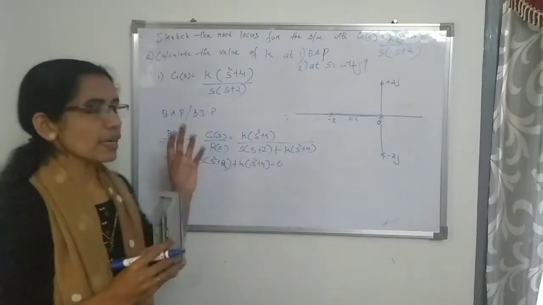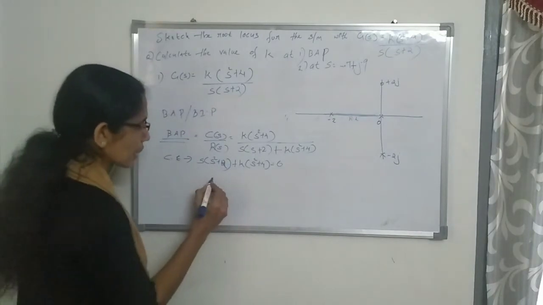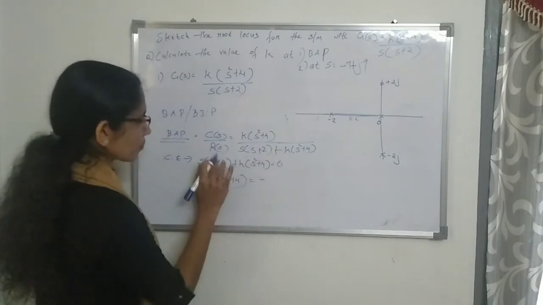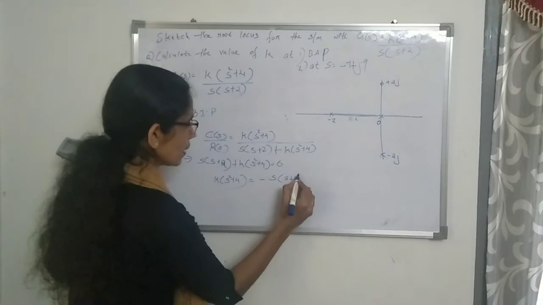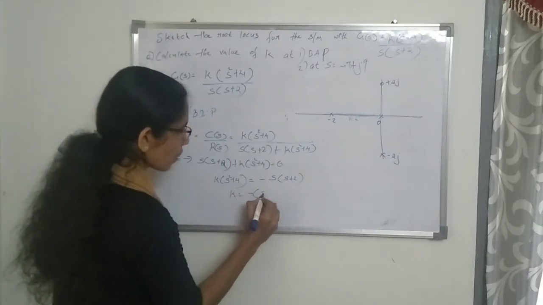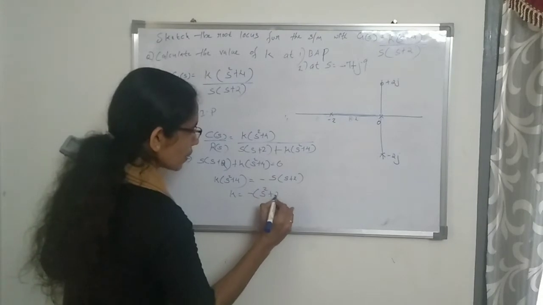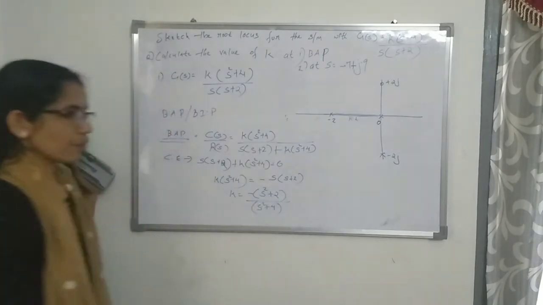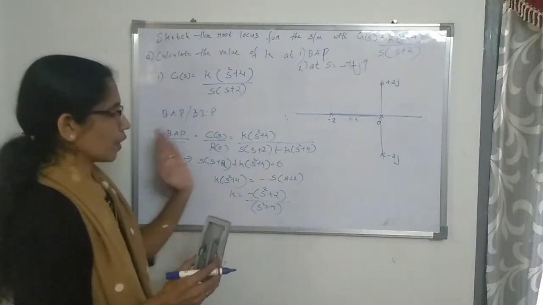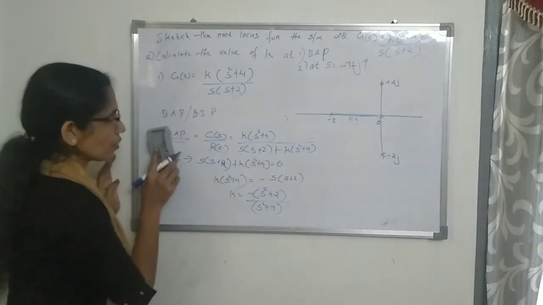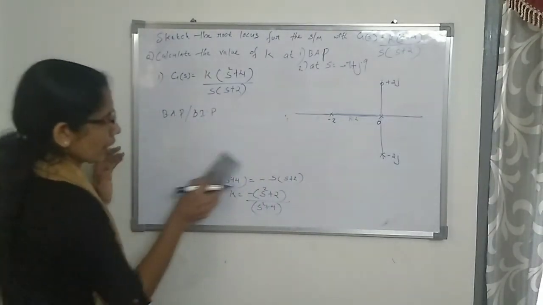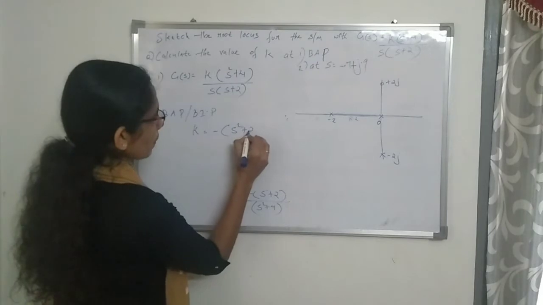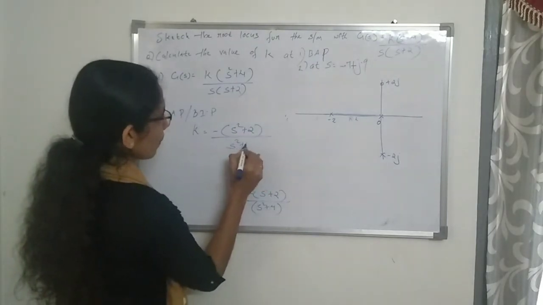Our aim is to find the value of K. From here, K(s^2 + 4) = -s(s + 2), or K = -(s^2 + 2s)/(s^2 + 4). So we got the equation of K. Rewrite K equals minus (s^2 + 2s) divided by (s^2 + 4).